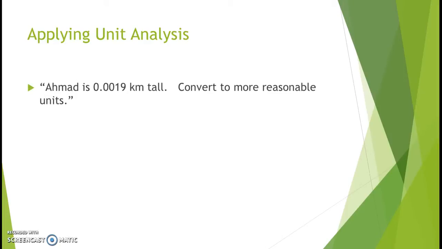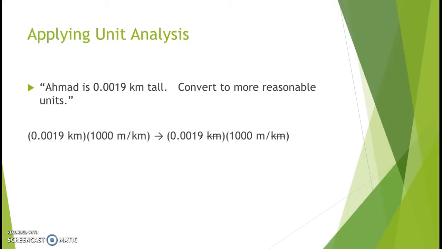Let's say Ahmad is 0.0019 kilometers tall. Well, this isn't a very expressive way for us to look at that measurement. It would be more appropriate for us to choose different units. So instead of using kilometers, we should be using meters.